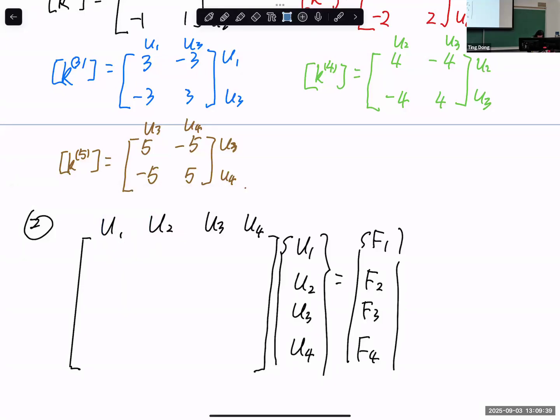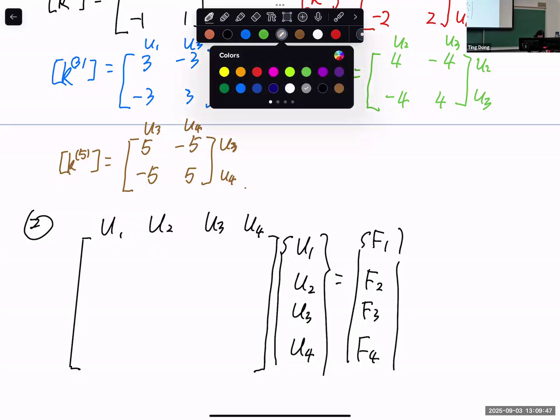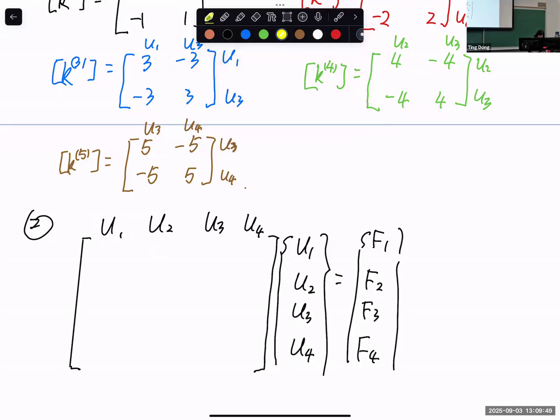Let's make it clear. Let's say this is 4x4. We should have 16 components. Let's see how to put these 16 components in.